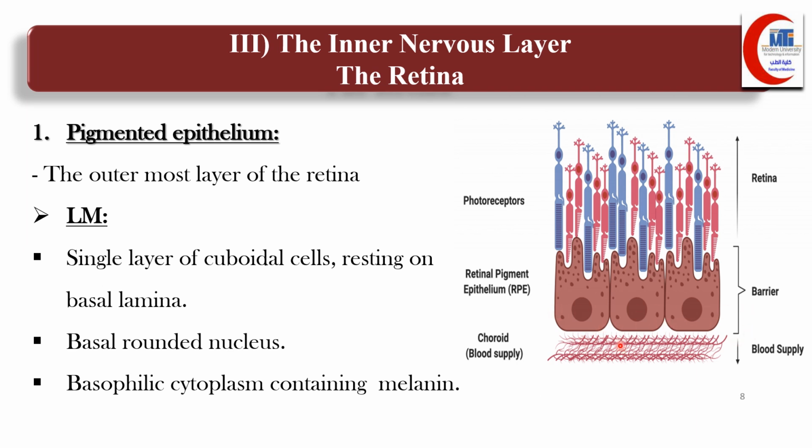This basal lamina is a part of the proximal membrane of the choroid. The cells contain basal rounded nuclei, and they have basophilic cytoplasm containing melanin granules.